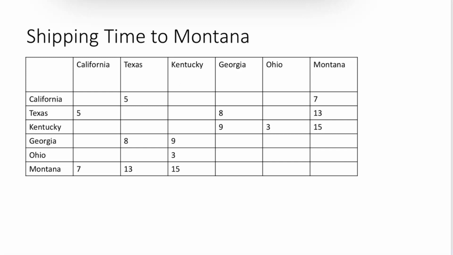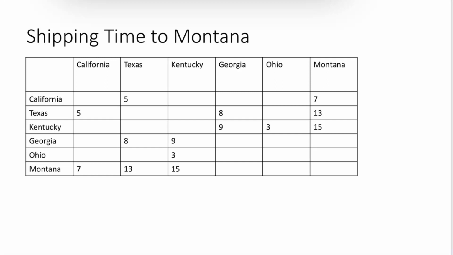Let's say some company has 6 different shipping centers in California, Texas, Kentucky, Georgia, Ohio, and Montana. If we wanted to find the shipping time from all of the other states to Montana, then basically what we're trying to do is find the shortest path to Montana from all of the other states.